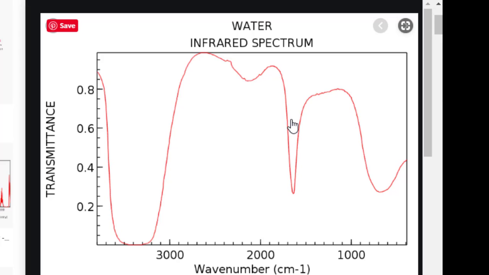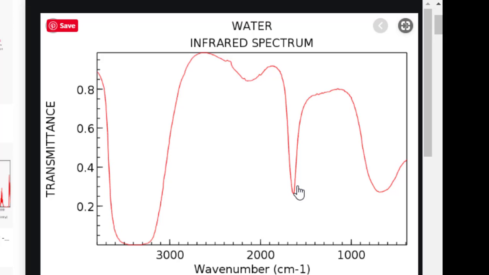This one here is a C double bond O stretch. So different things have different stretches and bends and vibrating, but they come at the same place. So a big, giant, thin thing at 1700 always means there's a C double bond O in there.